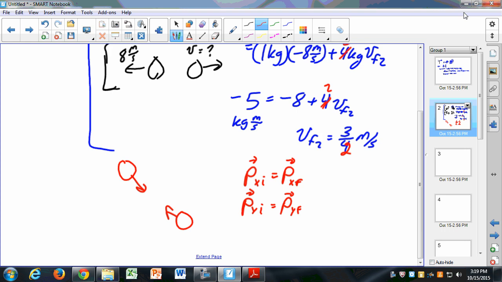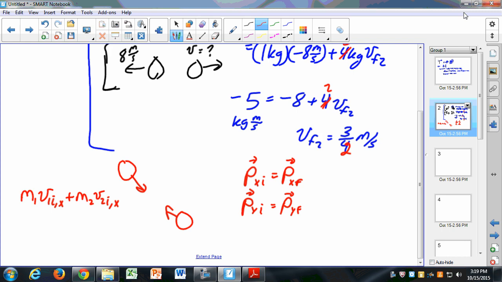You have to find the x and y components of the velocity. So px initial would be m1 v1 initial x component plus m2 v2 initial x component. You have cosine theta and sine theta terms for the x and y components.